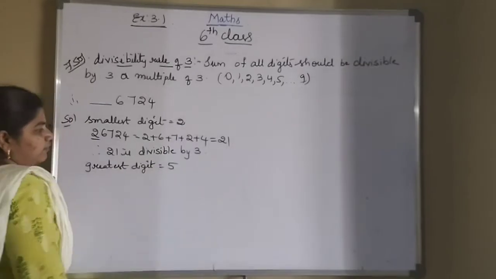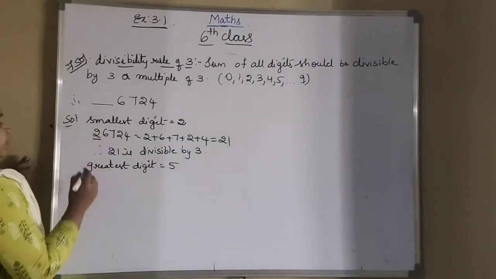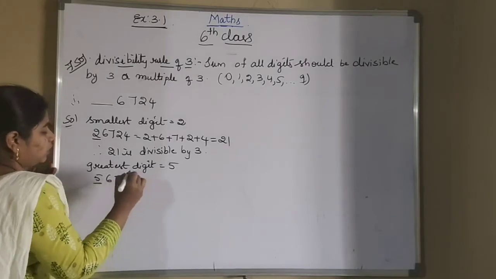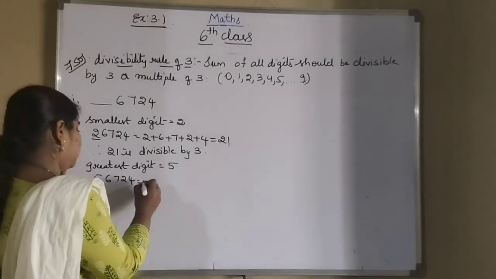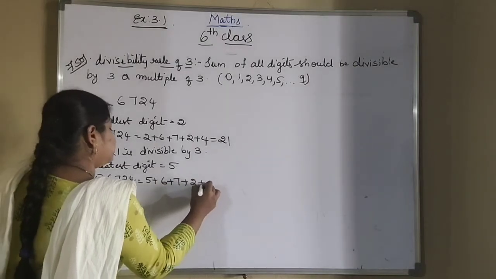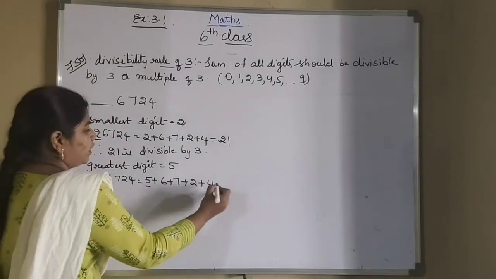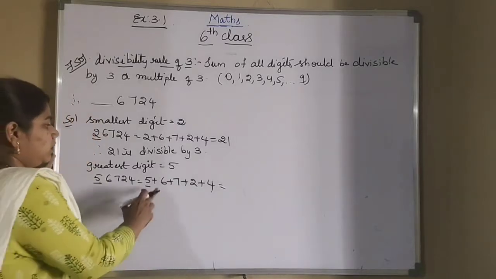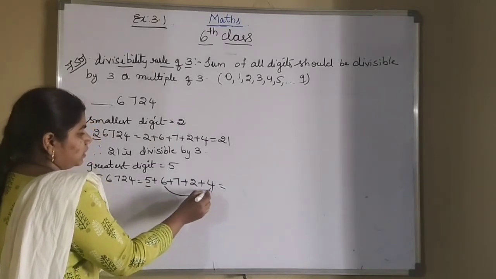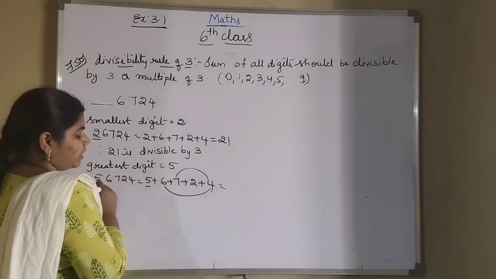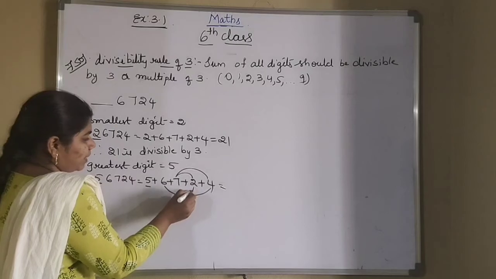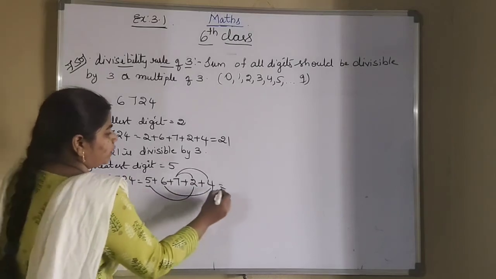Greatest digit is 5. Once you substitute here, add these numbers: 5 plus 6 plus 7 plus 2 plus 4. How much will you get? 6 plus 4 is 10. 10 plus 7 is 17. 17 plus 2 is 19. 19 plus 5 equals 24.